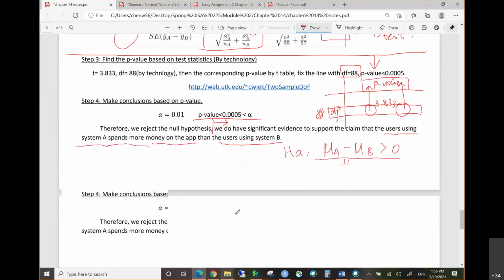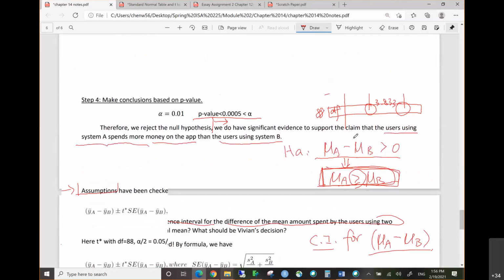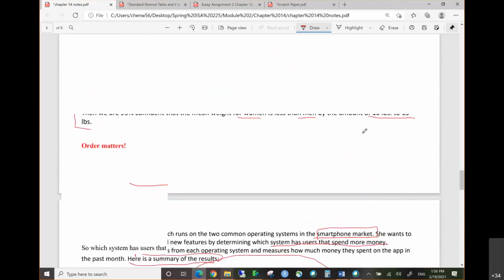But remember, the assumptions is always your first step for computing a confidence interval. All right, since all of these three assumptions are all satisfied, then we can use the formula to find the confidence interval. Right, so again, for the confidence interval about the difference between two population means, we still have two formulas.